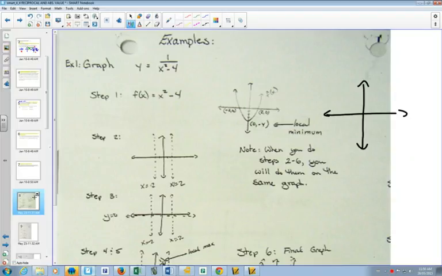But the first thing you're going to do is look for, do I have any x-intercepts? Yes, I have x-intercepts at 2 and negative 2, so I'm going to draw my asymptotes. Then I'm going to look, does my graph go on forever? It does. So I'm going to have an asymptote at y equals 0, and label these ones at x equals 2 and x equals negative 2.